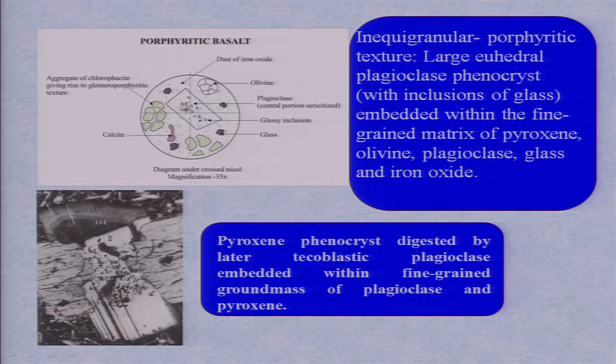This crystal includes black colored glass inclusions. Groundmass of pyroxene, olivine, plagioclase, glass and iron oxide. They are there in the matrix. This forms the matrix.